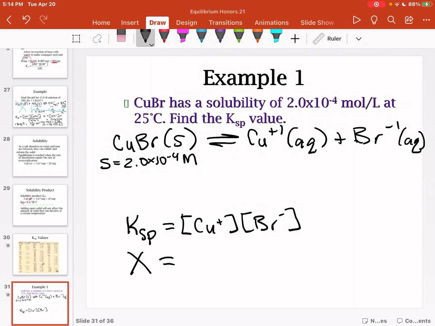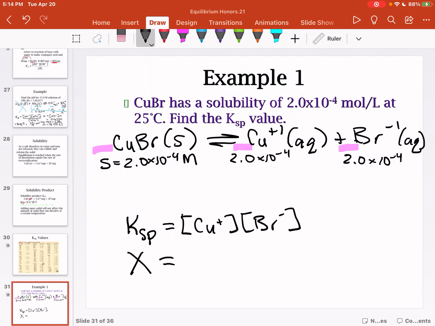There's my X. So what do I know? I either have X's on the left or X's on the right. So if this is in a 1:1:1 mole ratio, and its solubility is equal to 2 × 10⁻⁴, that means this is also 2 × 10⁻⁴, and this is 2.0 × 10⁻⁴.